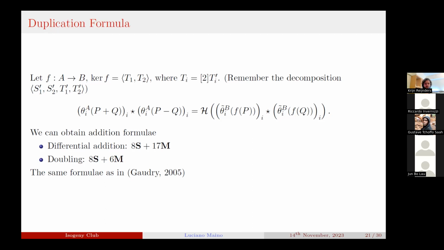These formulae have been described in a paper by Gaudry from 2005. So from this duplication formula, we can first obtain additional formulae. But more than that, and most importantly, we can obtain isogeny formulae.